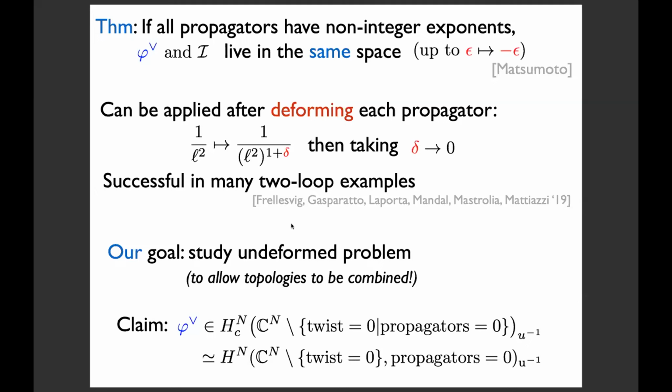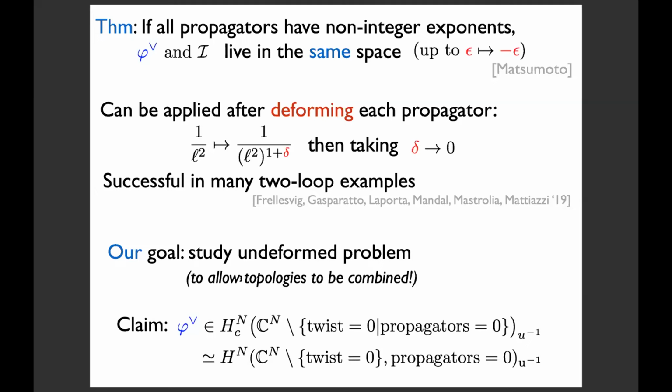Today, we try to go beyond that trick. The reason is that if there's one thing we learned from this amplitude business, it's that the sum of all Feynman diagrams is nicer than the individual ones. The problem with this trick is that it doesn't go well with the idea of summing all Feynman diagrams.